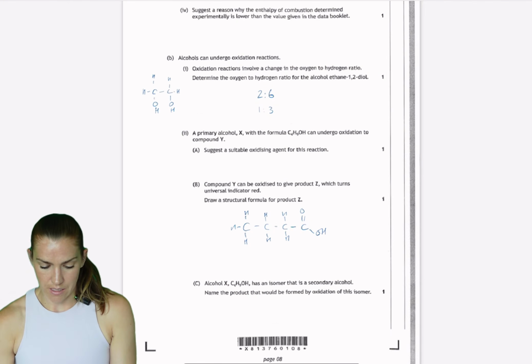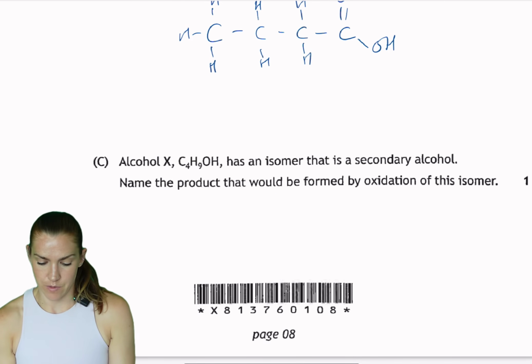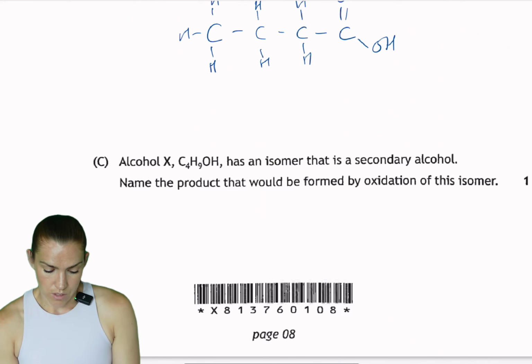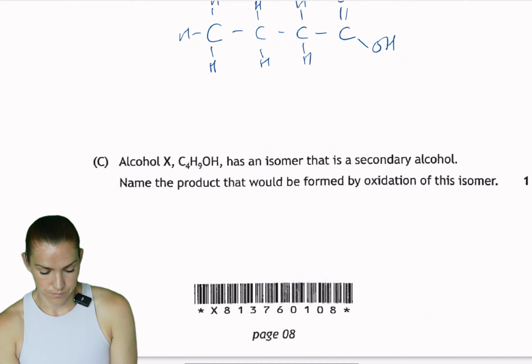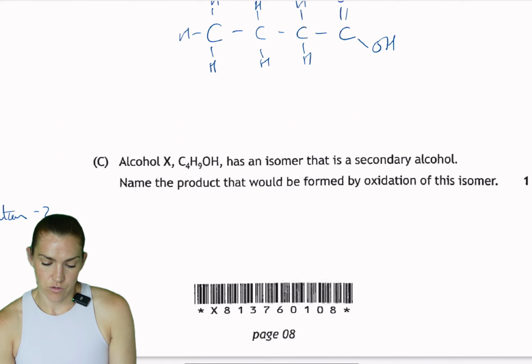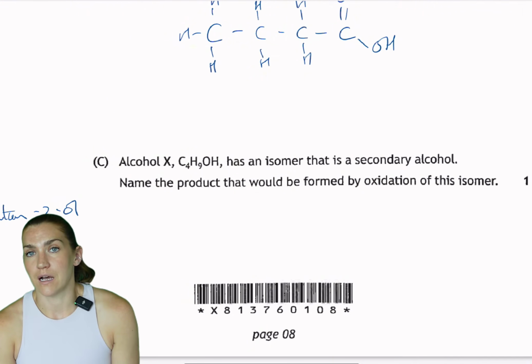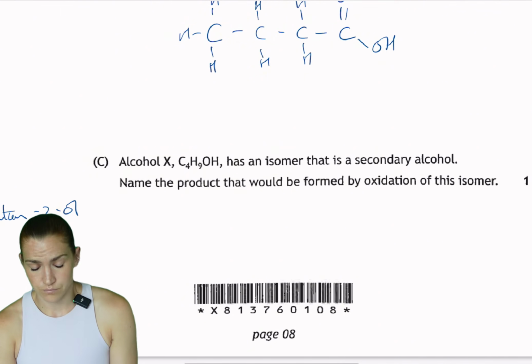So then part C, alcohol X has an isomer that is a secondary alcohol. Name the product that will be formed by oxidation of this isomer. So if you've got a secondary alcohol with 4 carbons, that would be like, say, butan-2-ol. And then, if you're oxidizing a secondary alcohol, you're going to make a ketone.